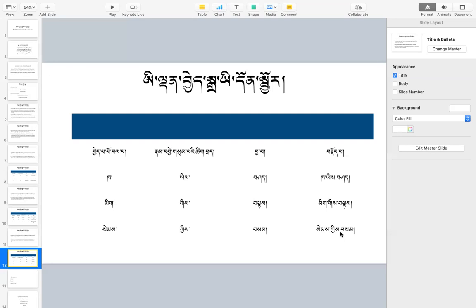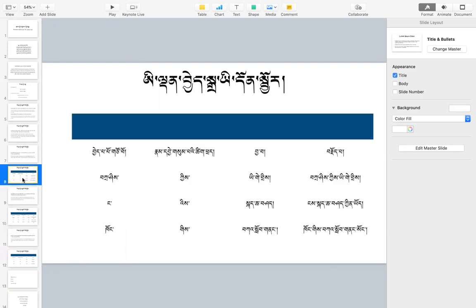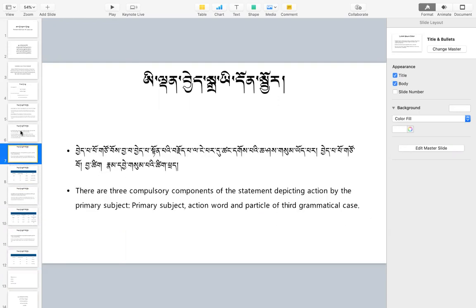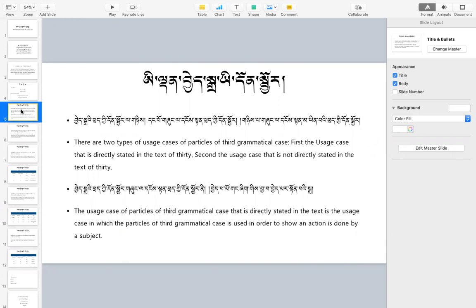It shows the variation of that subject case, which is the third one, the statement in which the action is depicted to be done by the secondary subject. Okay, so these are the three variations of the usage case of the particle of the third grammatical case, which is directly stated in the text.